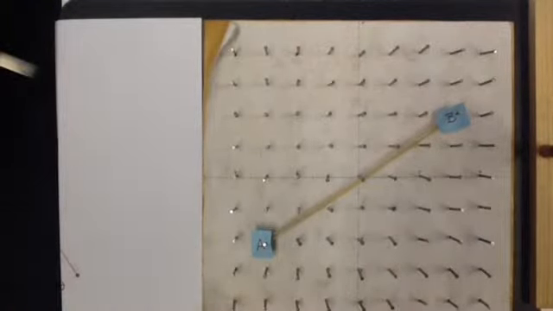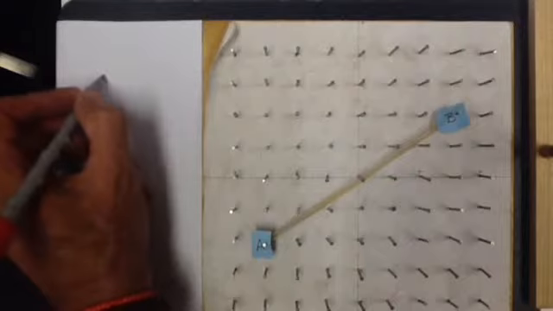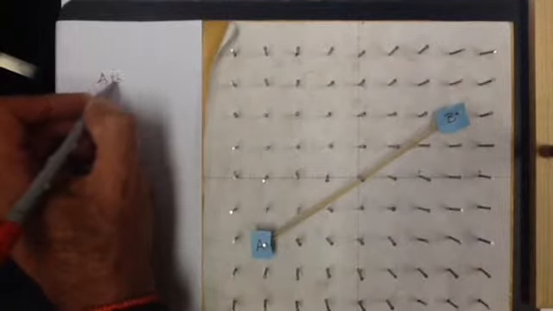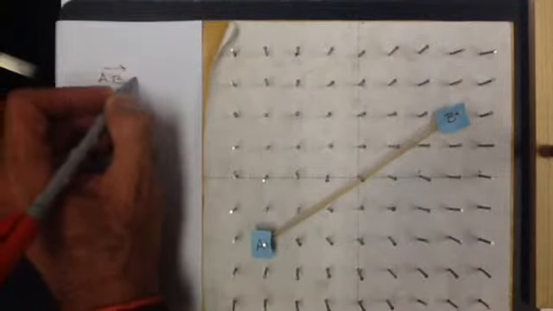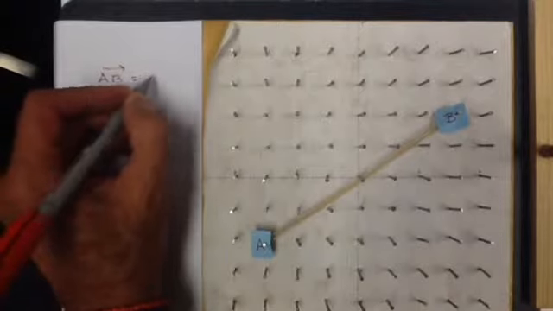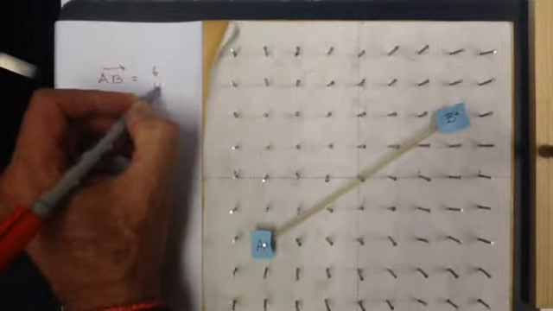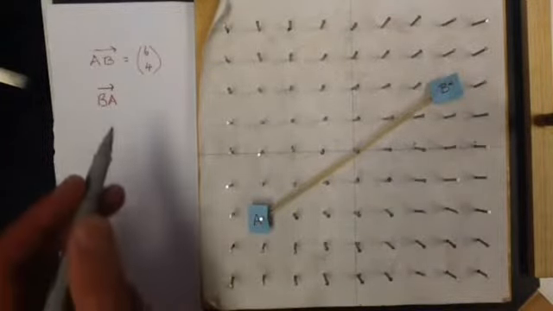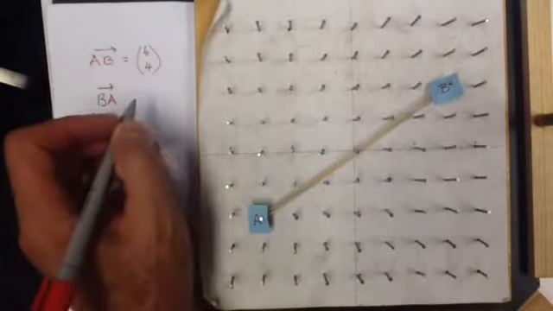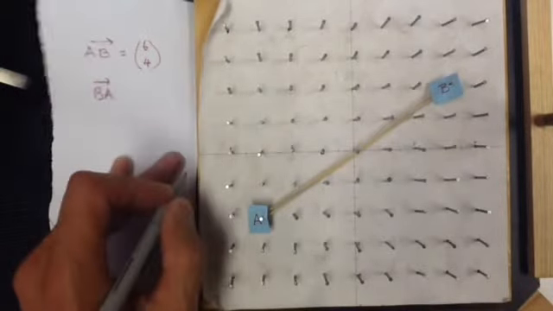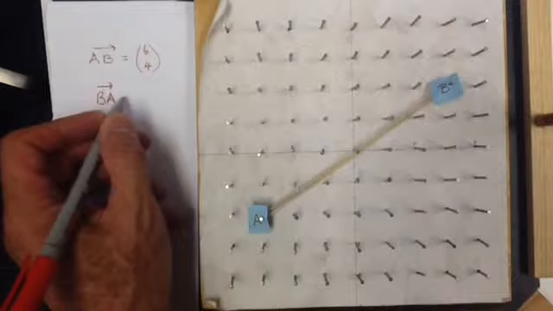Okay, so we have the vector AB is equal to 6, 4. Now, what about the vector from B to A? How will we represent this vector?